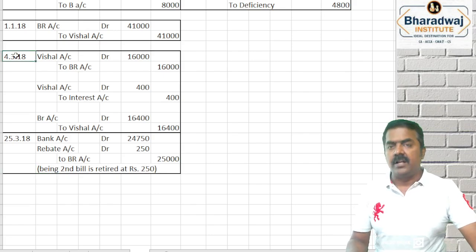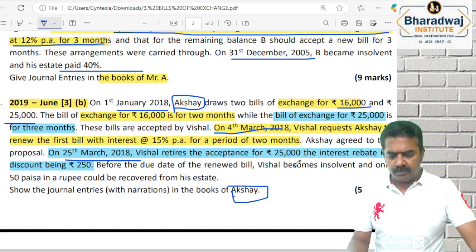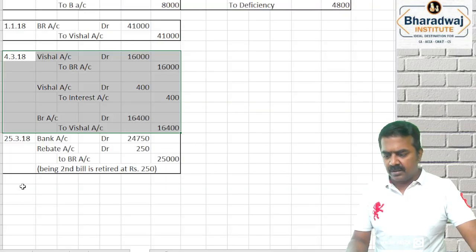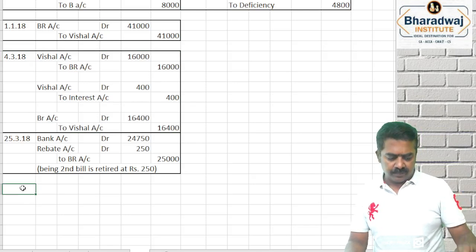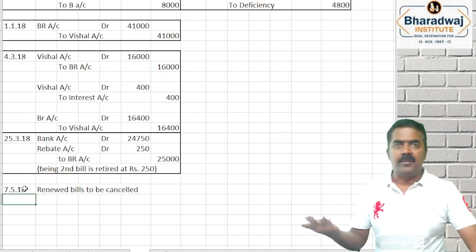Then this renewal is given for how many months? 2 months. Now, when will the due date come? We can say before the due date. When will it come? 3 days grace days. 7th May 2018. Okay, renewed bill to be cancelled. He became insolvent.